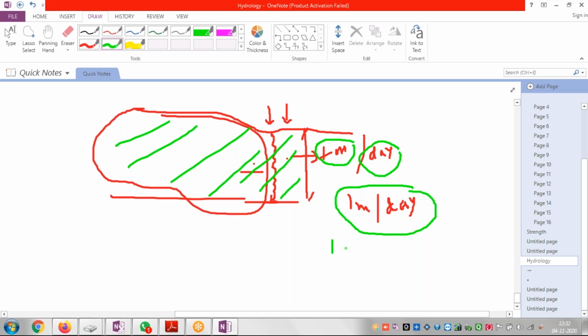But generally it is measured not in meters but in 1 mm per second or 1 mm per hour, like this. We will see that. Is it clear what infiltration capacity is? Is it okay?